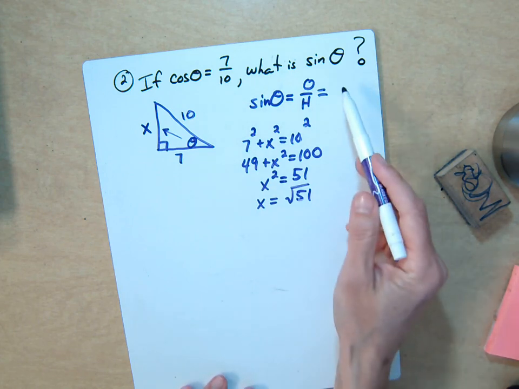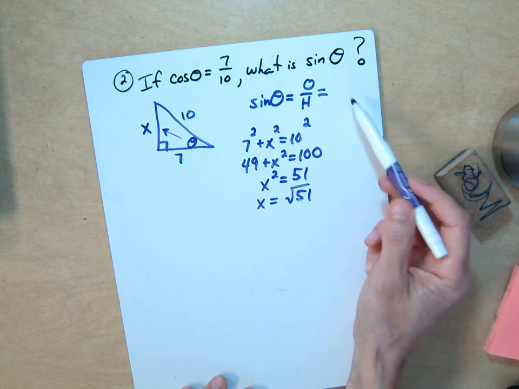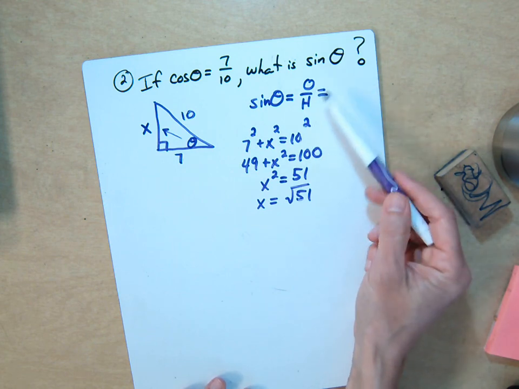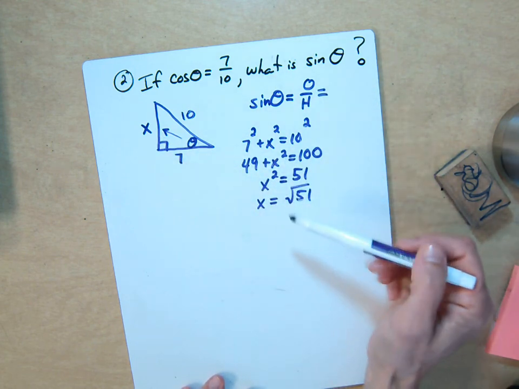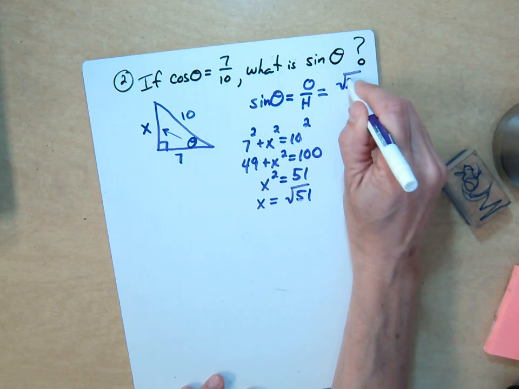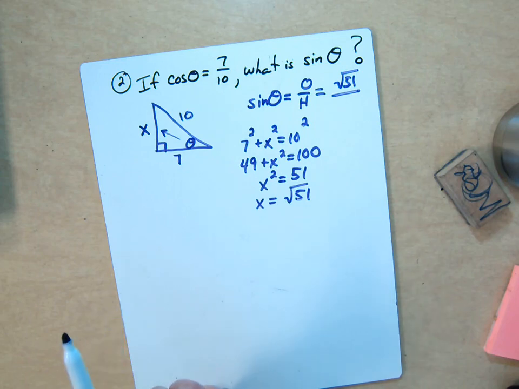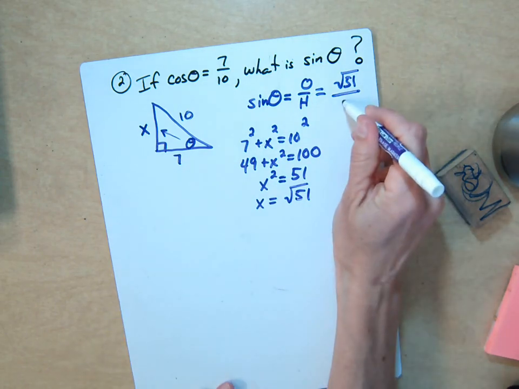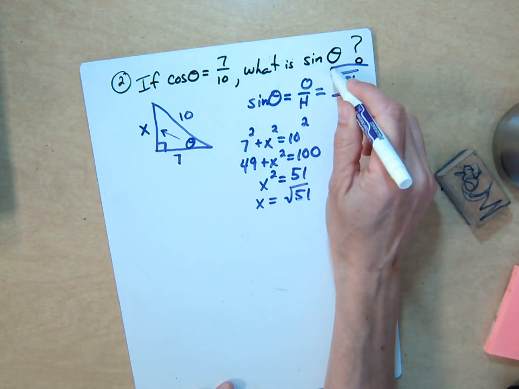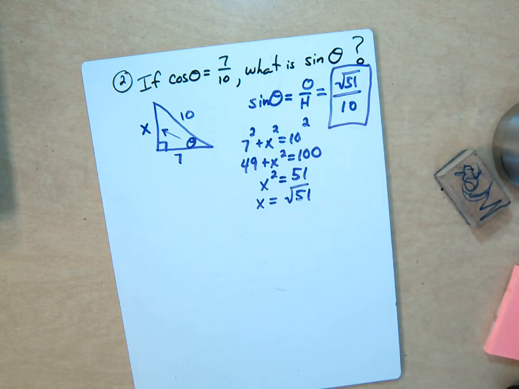And so now we can answer this ratio. The sine of the angle is the ratio of two side lengths. It's the opposite side, which is root 51. We just solved for that. The hypotenuse, we can see in the picture, is 10. So the answer is, I know it looks funny, but that is the answer.